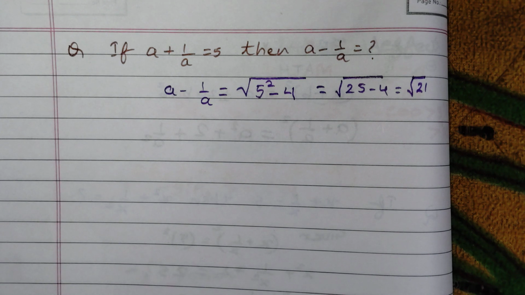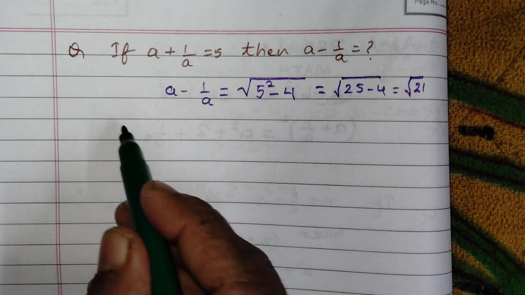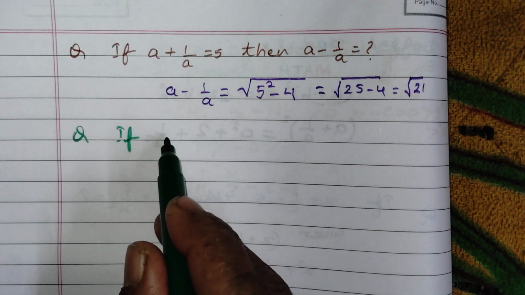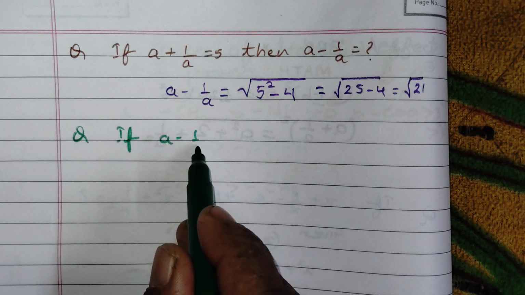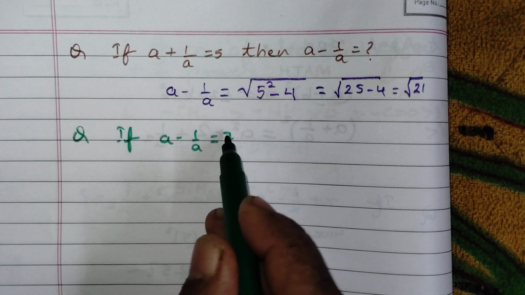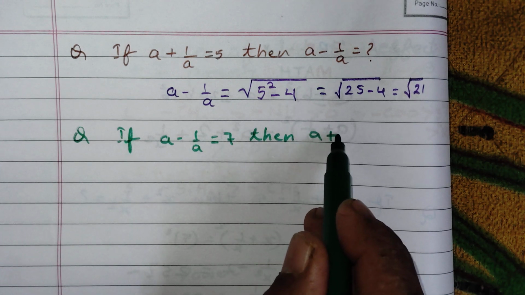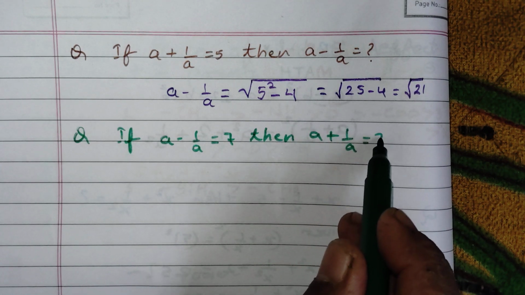Next question. So here we need more practice. Practice makes you perfect. Next question we are considering. If there is given a minus 1 upon a equal to 7, then we have to find a plus 1 upon a equal to.